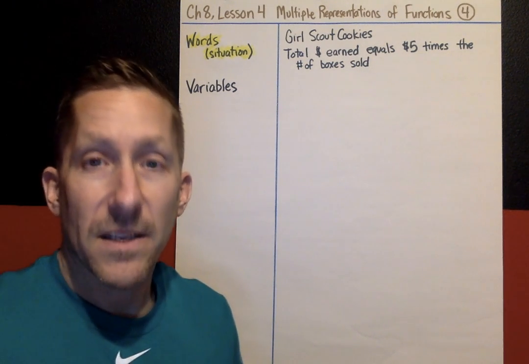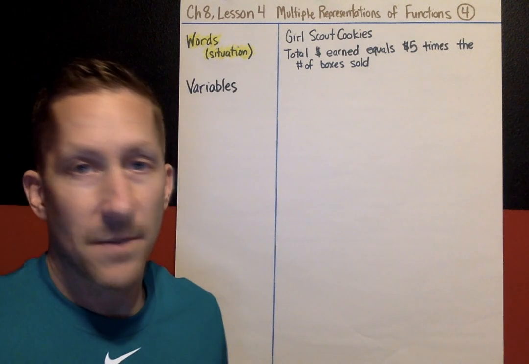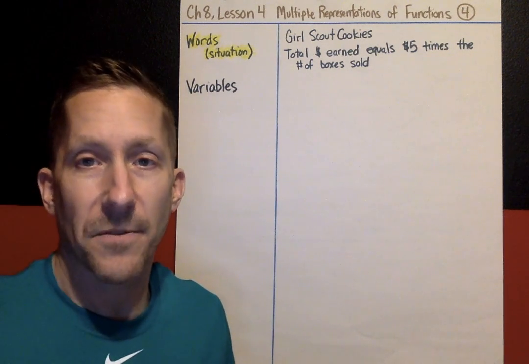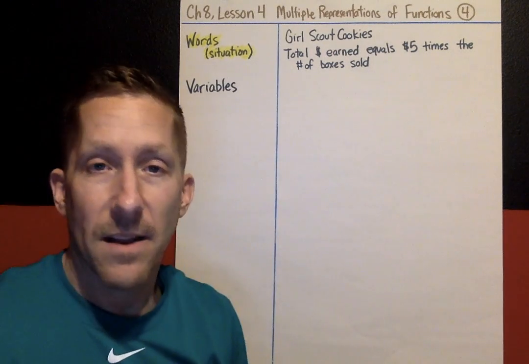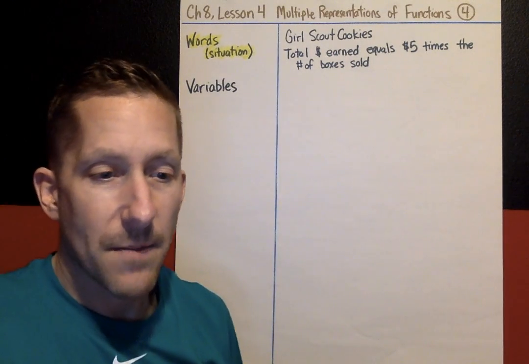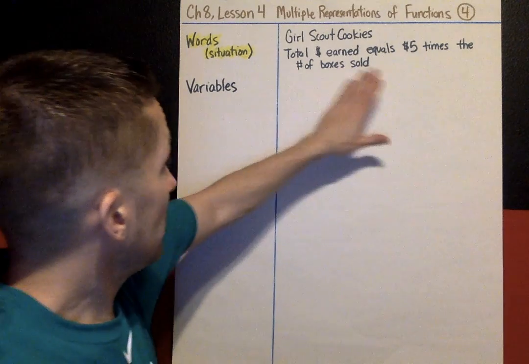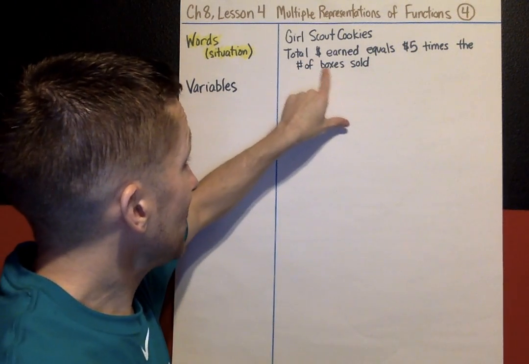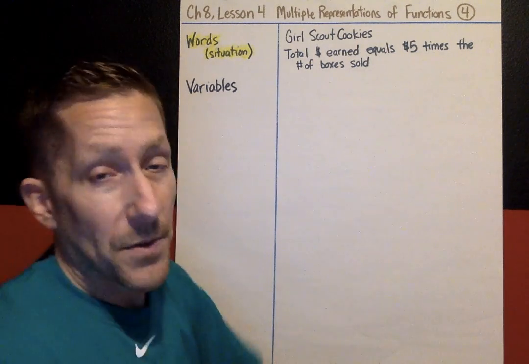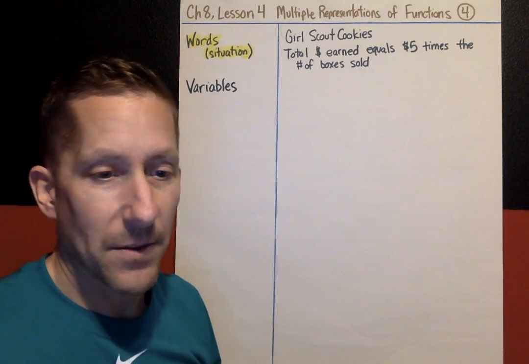But not always does it give you the variables to use. So sometimes they're given, it'll tell you use this variable for this. Other times you've got to pull out the variables and make them up. So when I look at this situation, there's two things that are changing. The number of boxes that you could sell and your total. Those are both going to be changing amounts.